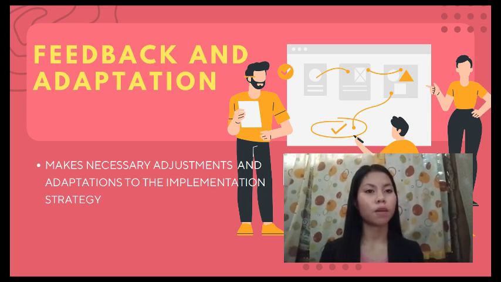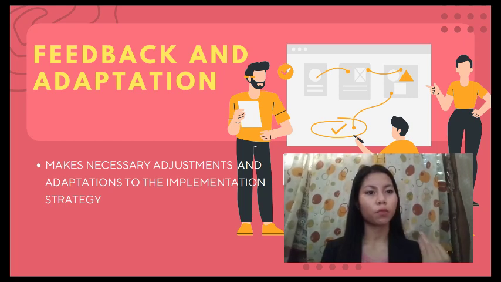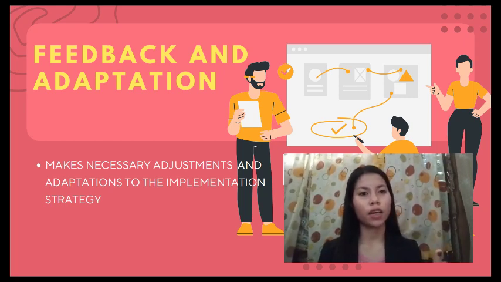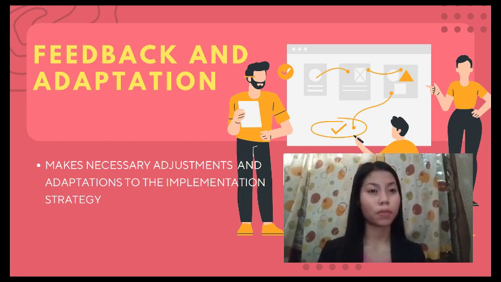Daghan tag gi-adapt nga mga implementation strategy para mahimo ta nga safe and malayo ta sa COVID-19, which is ang i-adapt na to ang pag-wear og mask, pag bakuna, or like for example nagpabakuna ta, so ingana ang example sa pag-implement of strategy.